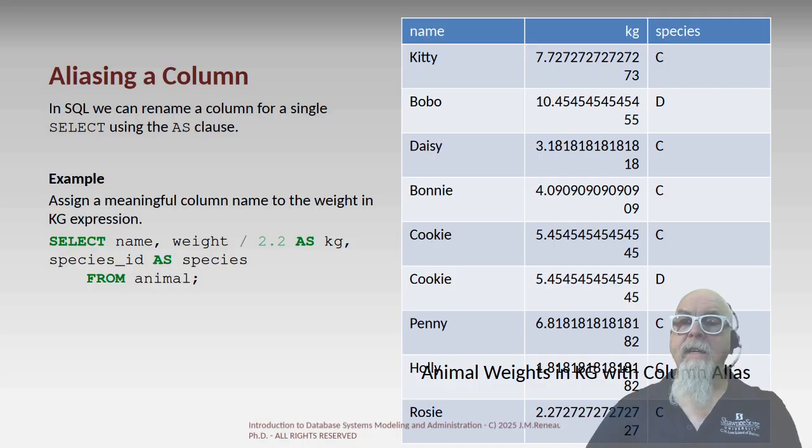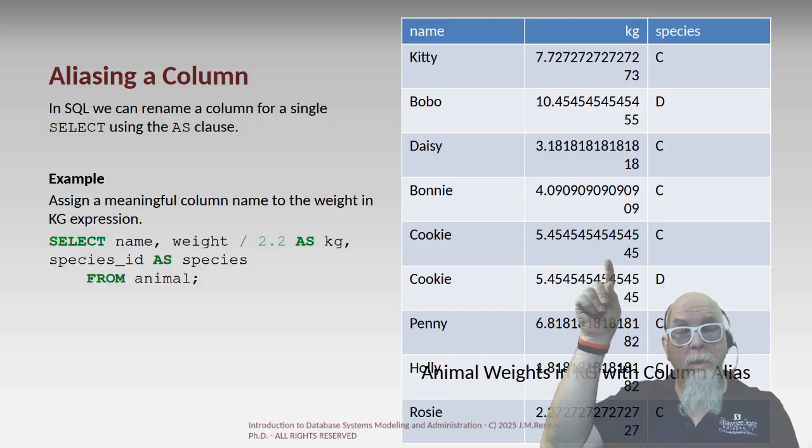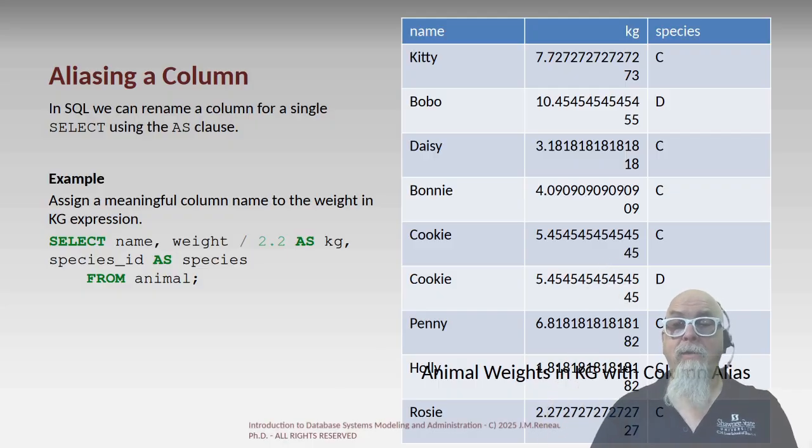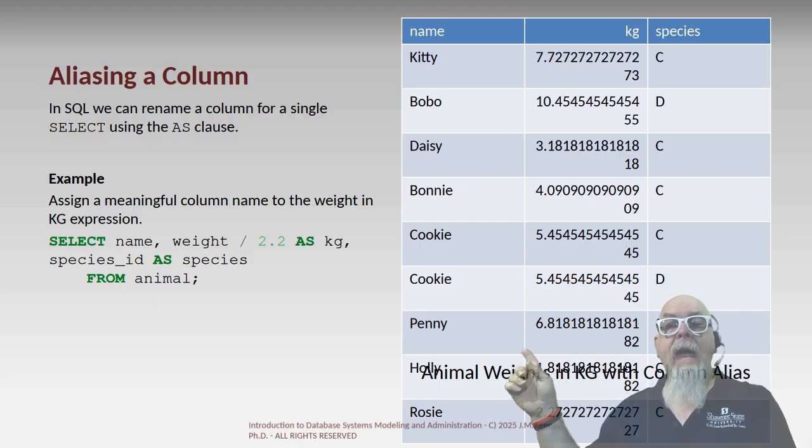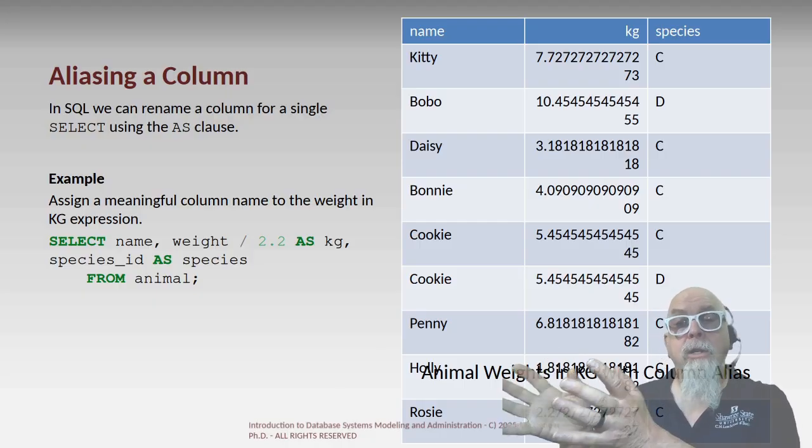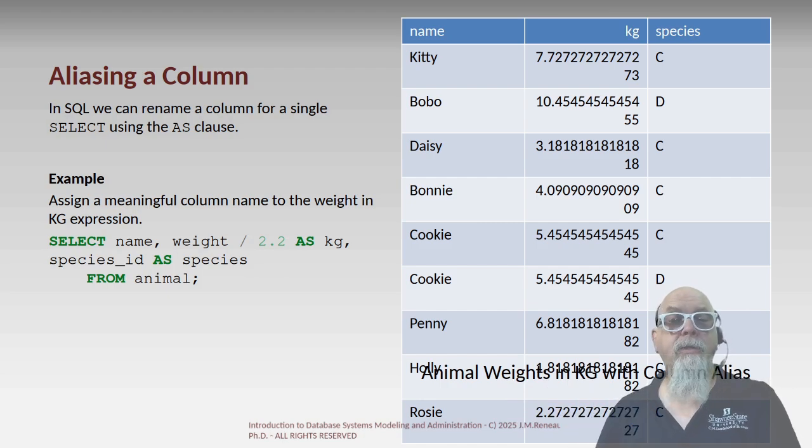When we have a significant mathematical formula, you noticed in the previous examples that the column header name was the mathematical formula. And that gets to be difficult. It gets to be confusing. What does that column really mean? Well, we can use the as clause to alias a column and to give it a temporary special name just for this extracted record set.